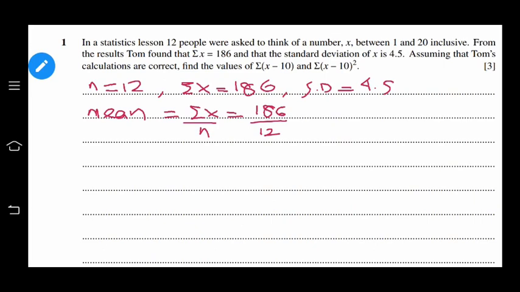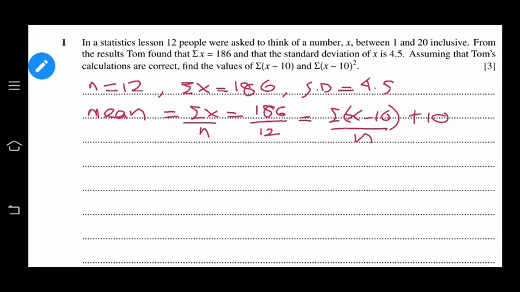And you know, this mean is the same as sigma (x minus 10) divided by n, plus 10, as coded data.